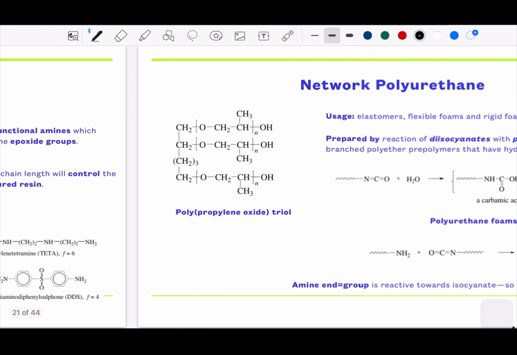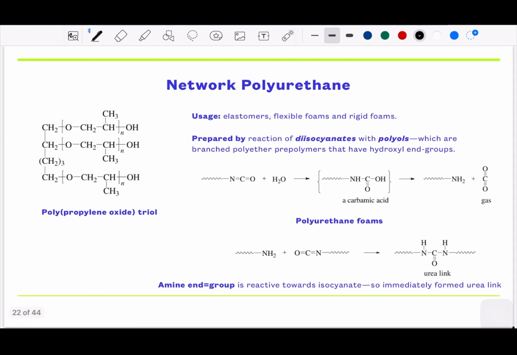Okay, another part is the polyurethane, what we call a network polyurethane. Basically the same. The difference is probably how we prepare the end groups. So we need to prepare the end group that has potential to be branched. The reaction is the same as the original polyurethane. So we are going to have, for example, the foam.